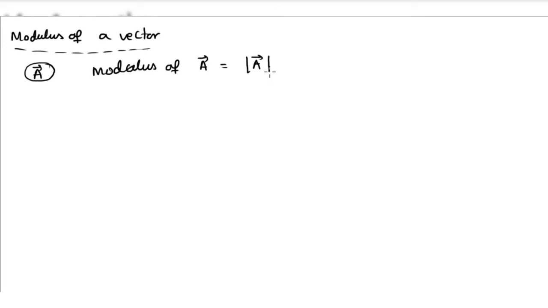So this symbol represents the modulus of vector A. And what is the meaning of modulus of a vector? It represents the magnitude of the vector or the length of the vector.